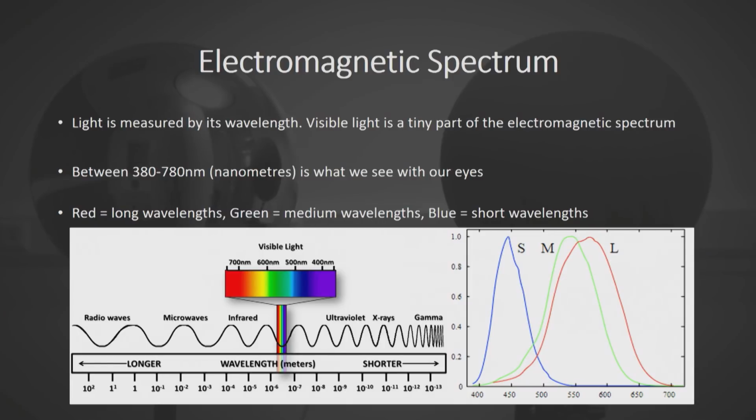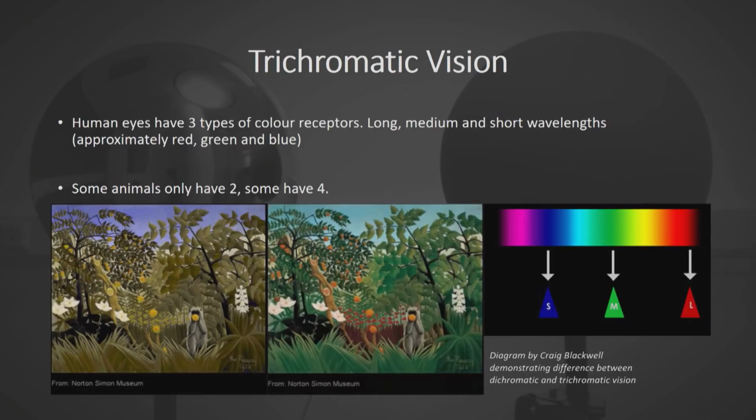But why do we have these three main primary colors? And how do we go from this continuous wavelength into distinct RGB values? Well, as it happens, humans have trichromatic vision, which means we have three color receptors, which are sensitive to long, medium, and short wavelengths, which is where we get these primary ideas of spectral to RGB from.